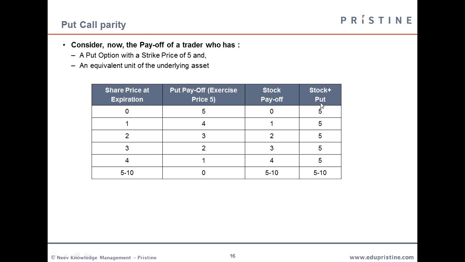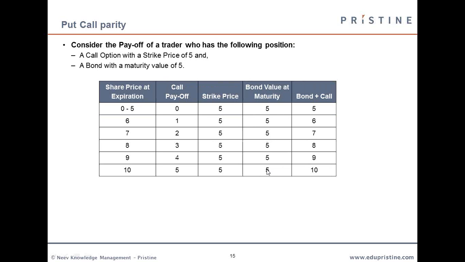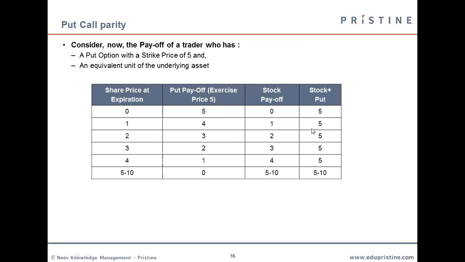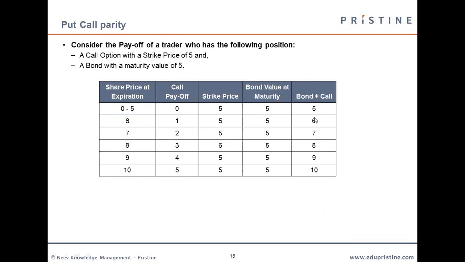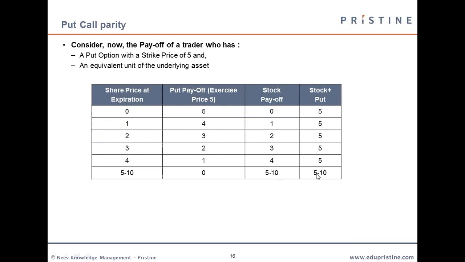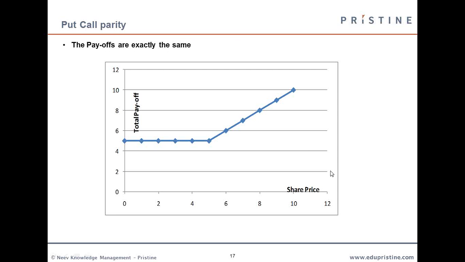So the net payoff, if we see, it is again the same as the previous portfolio that we discussed. Here we had from 0 to 5, we had 5. Here also from 0 to 5, we had the same return, which is 5. From 6 to 10, we had 6 to 10, and here also from 6 to 10, we had the same payoff, 6 to 10.